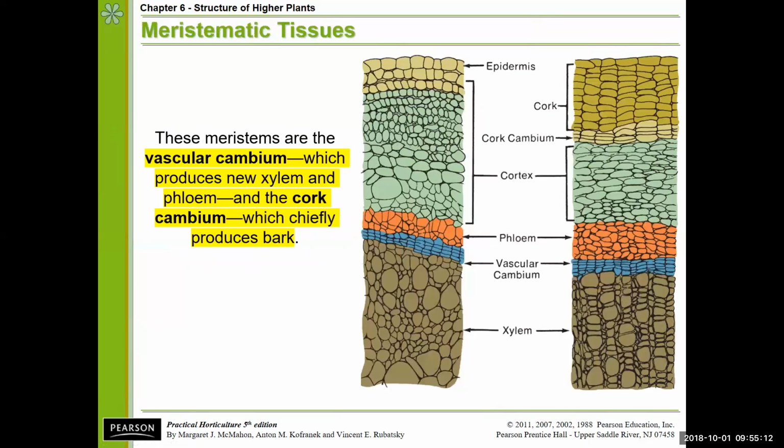Vascular systems in plants are xylem and phloem, which transport water and food up and down the stem. So that's the vascular cambium, the area where new phloem and xylem is being formed. We also have an area of actively dividing tissue in the cork cambium, where it's producing mostly bark, the outer layer of tissue of any plant.